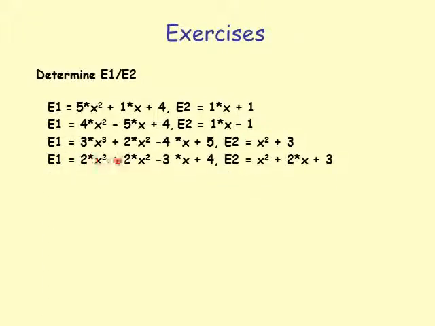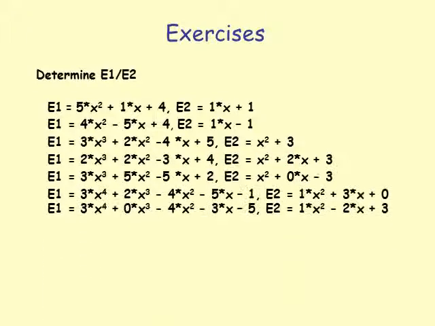E1 is 2x cubed plus 2x squared minus 3x plus 4, and E2 is x squared plus 2x plus 3. E1 is 3x cubed plus 5x squared minus 5x plus 2, and E2 is x squared plus 0x minus 3. Let's continue. And some more examples here. Okay, let's continue.